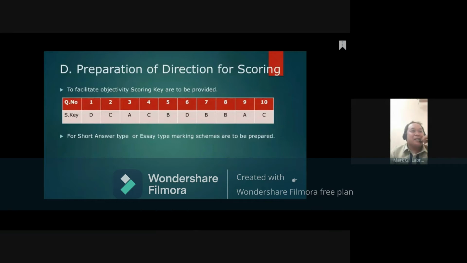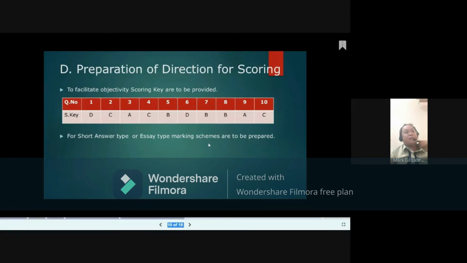Okay. So letter D, preparation of direction for scoring. Importante din ito. To facilitate objective scoring, keys are to be provided. Meron talagang question number 1, 2, 3 and our scoring key. So for short answer type or essay type, marking schemes are also to be prepared. When you prepare a test paper, you should also have your answer key.